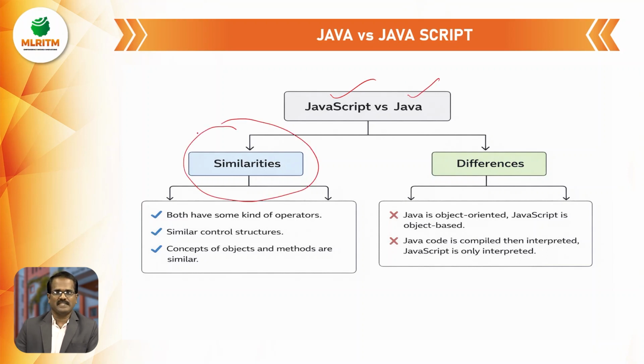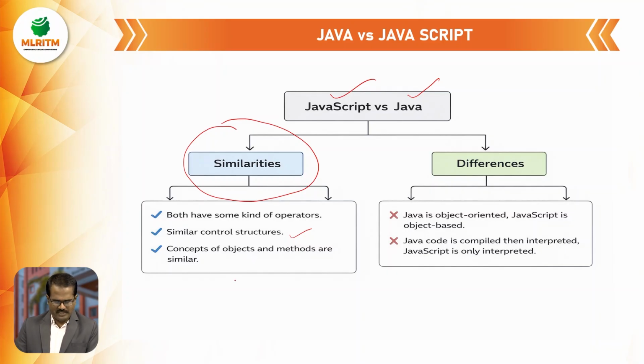These are the differences and similarities between JavaScript as well as the Java programming language. What are the similarities between JavaScript and Java? Both have some operations, some operators, some data types. Both have similar control structures. We know that, right? Control structures mean if else, nested if ladder, switch statement, looping or iterative control structures: while, do while, for. Whatever the conditional, unconditional and looping control structures, all are supported by Java as well as JavaScript.